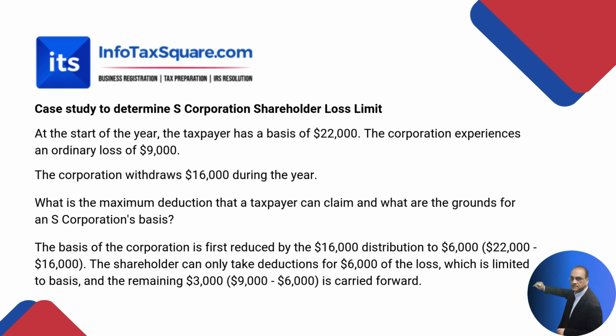So we will have $6,000, which will be offset against the $9,000 loss. So in this situation, the shareholder can only take a deduction for $6,000 of the loss, which is limited to the basis, and the remaining $3,000, which is the $9,000 loss minus the $6,000 basis, is carried forward to subsequent years.